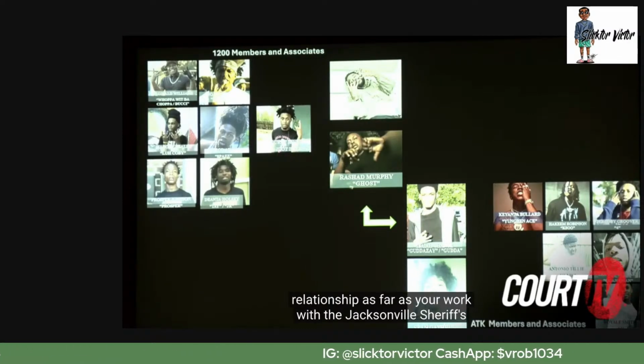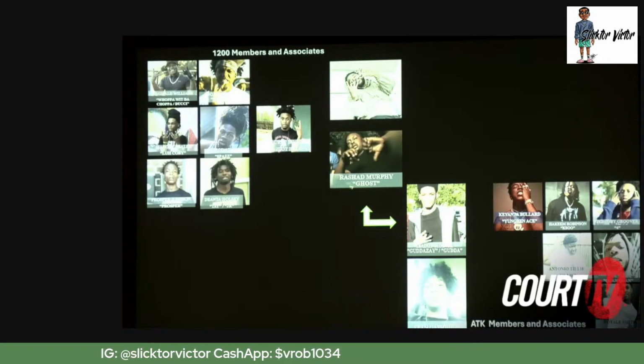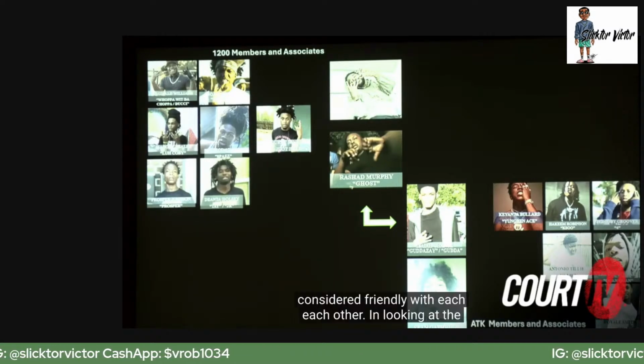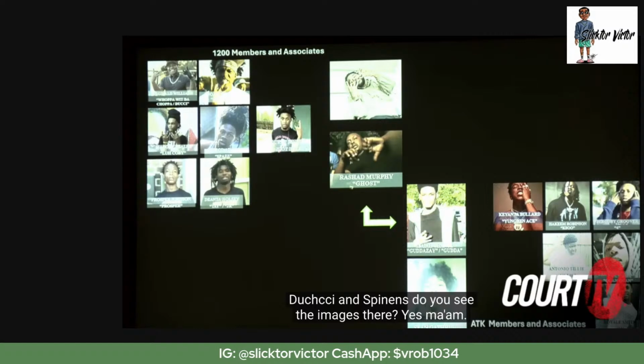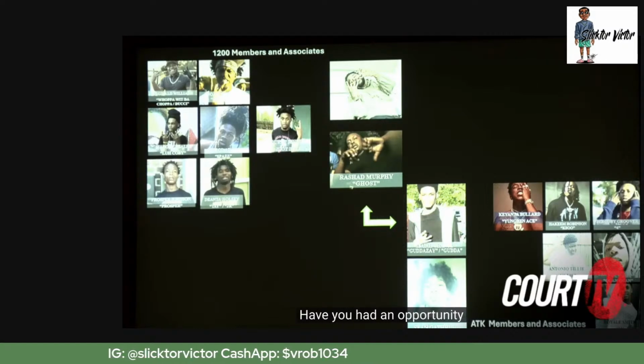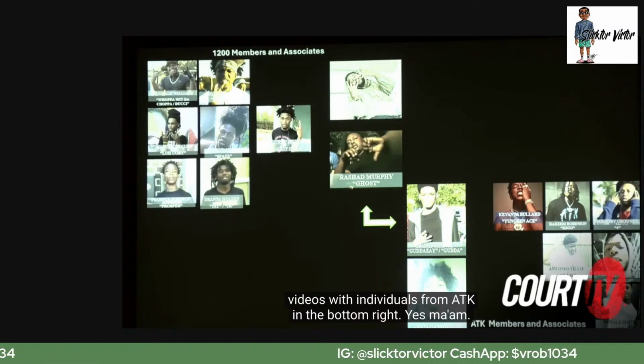In looking at the top left of your screen for Ducci and Spinabins, do you see the images there? Yes, ma'am. Have you had an opportunity to see those individuals depicted in music videos with individuals from ATK in the bottom right? Yes, ma'am. And have the interactions that you have had, either in person or seen on the internet, been that they are aligned? Yes, that is correct.